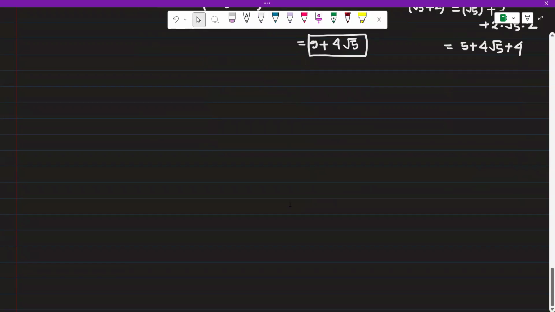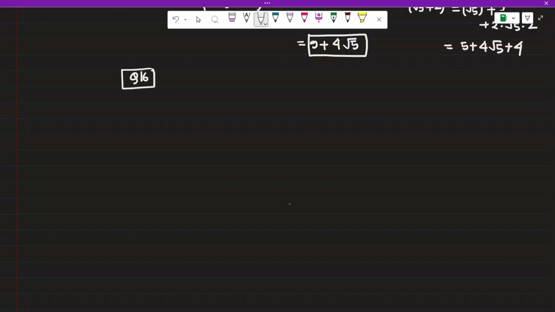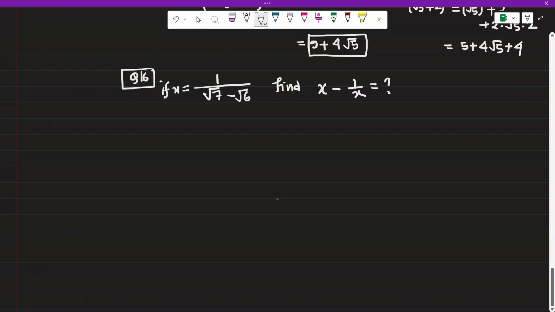Let us do our last problem, question 16. If x equals 1/(√7 − √6), find x − 1/x.